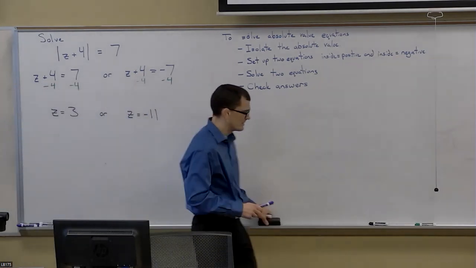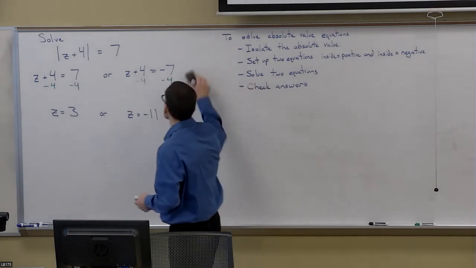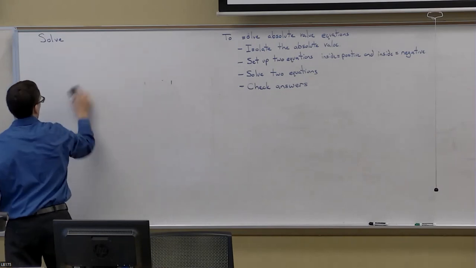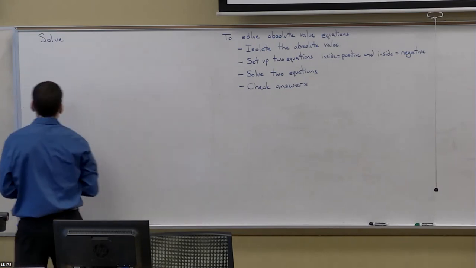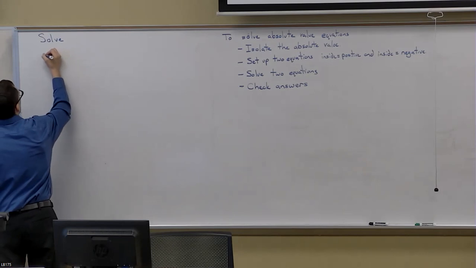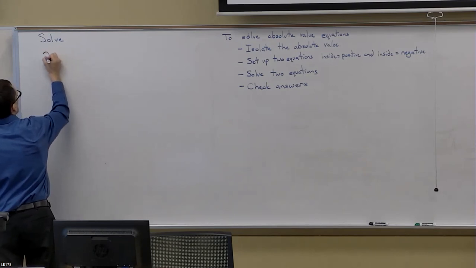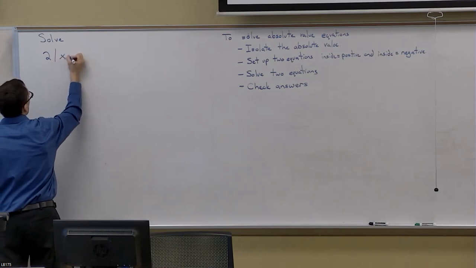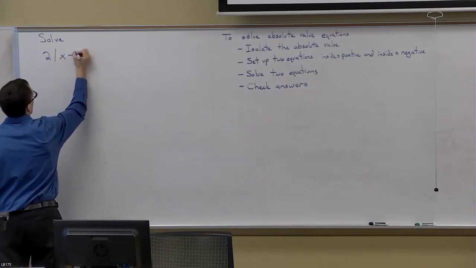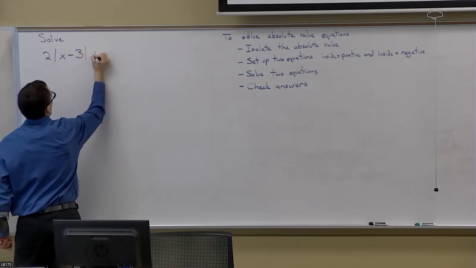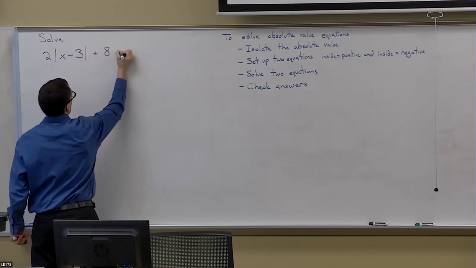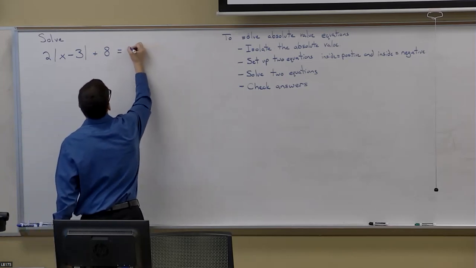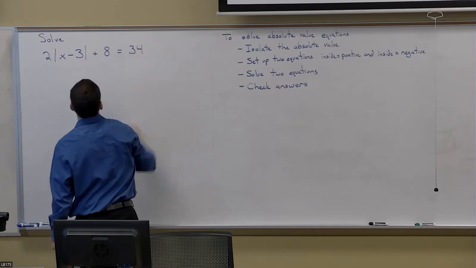Let's do another similar one. Let's solve 2 times the absolute value of x minus 3, plus 8, is equal to 34.